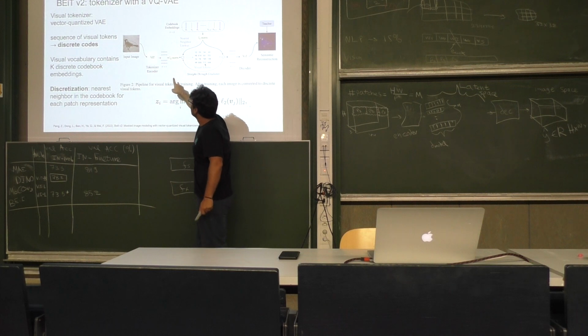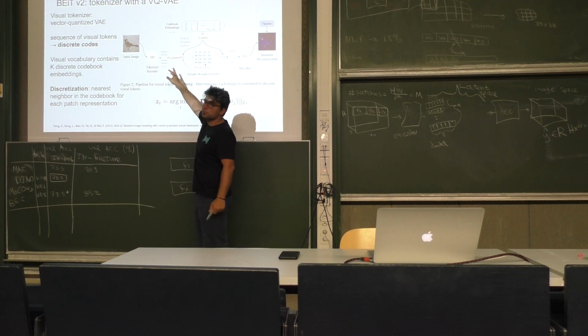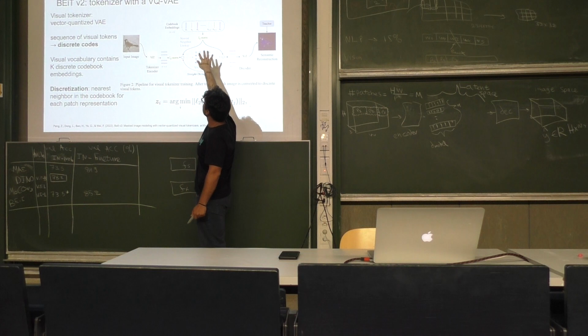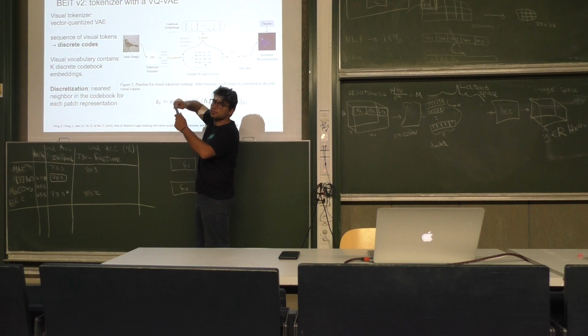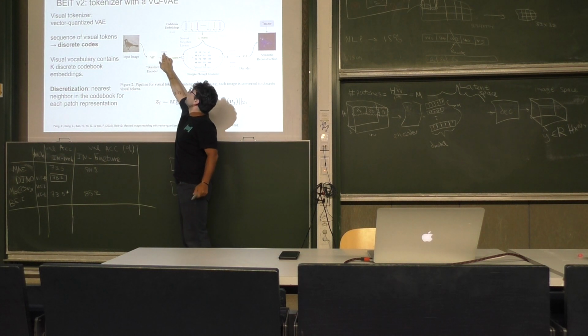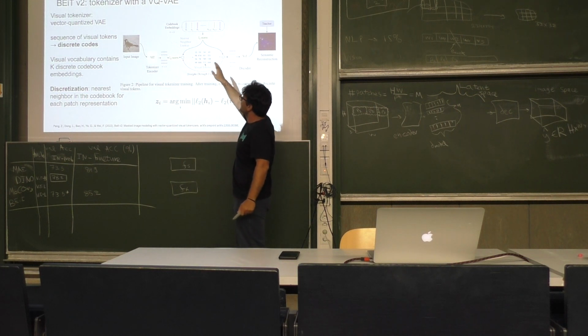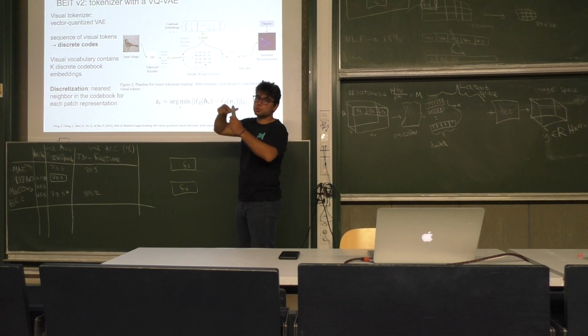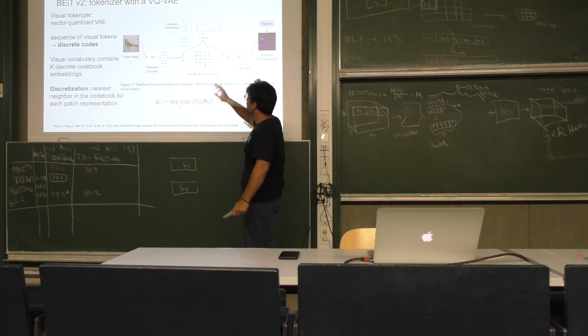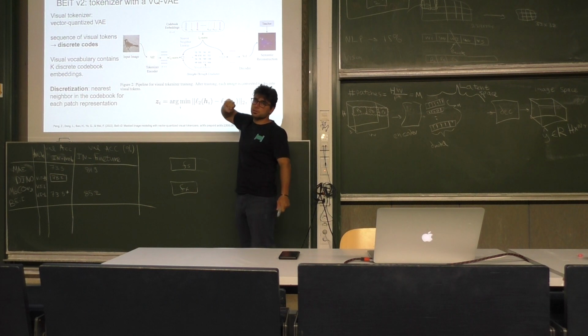Then, if everything is L2 normalized, it's just a matrix multiplication, so basically similarity. So you see, for this representation, which entry of the codebook has the closest similarity, and you use this one. So here you see the different colors correspond to this entry.